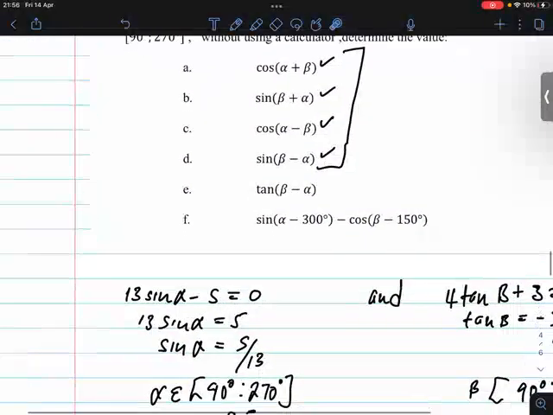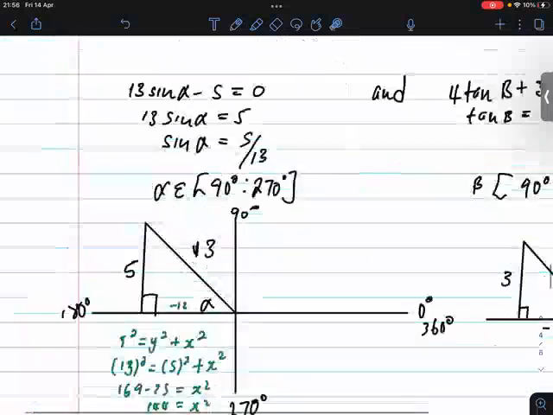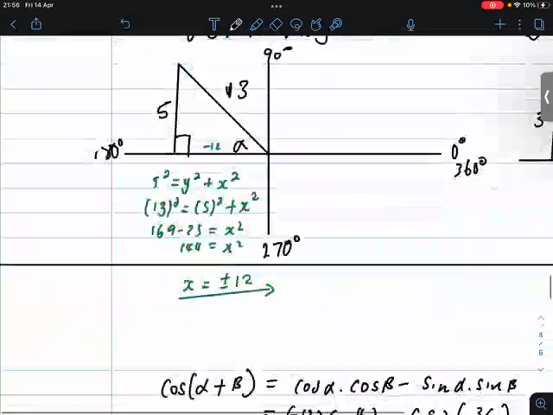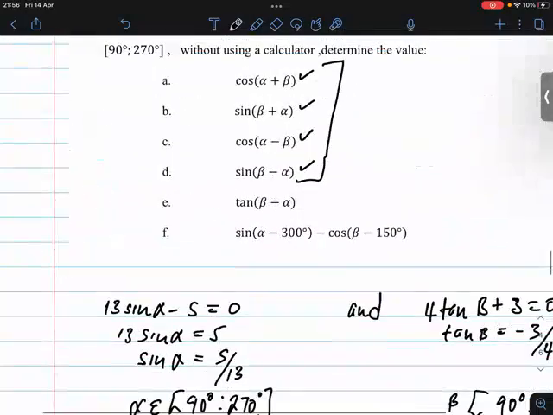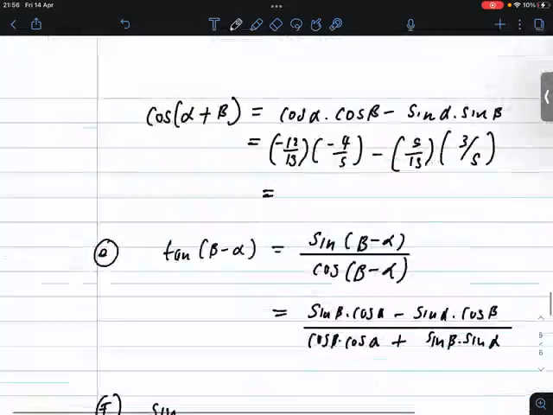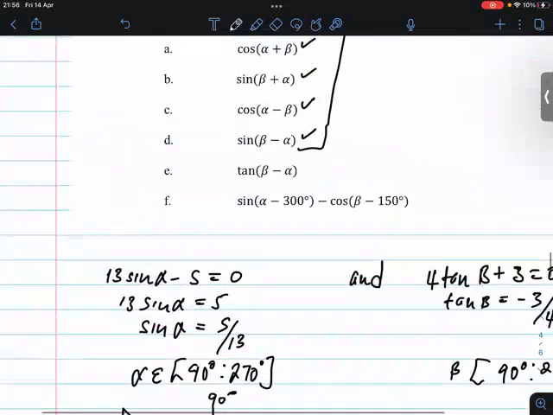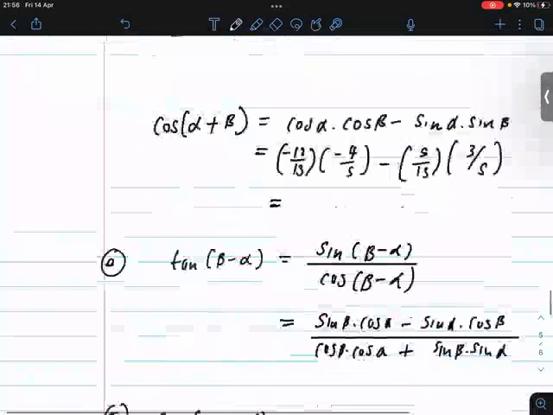Yes. So let's look at number F, which is quite interesting. We are given sine of alpha minus 300 minus cos of beta minus 150.